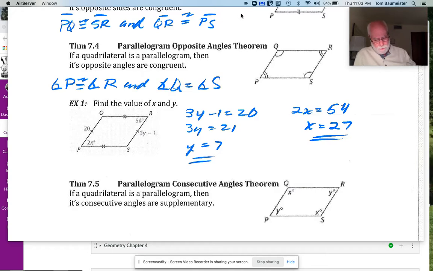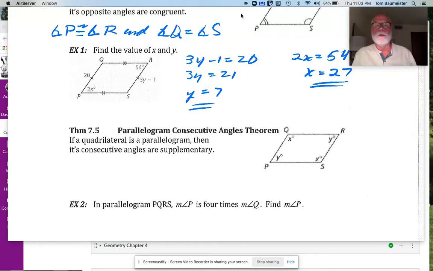Okay, now the next one, this one should make sense, the parallelogram consecutive angles theorem. If a quadrilateral is a parallelogram, then its consecutive angles are supplementary. We've talked about that one before. If I look at this one here, we know it's a parallelogram, and we know that those are consecutive interior angles.